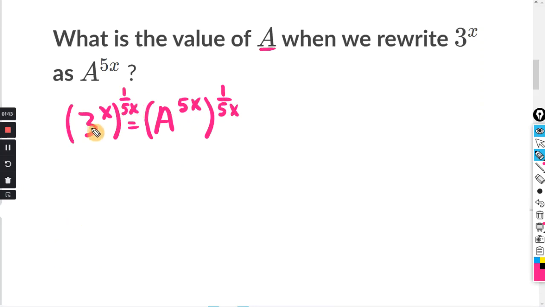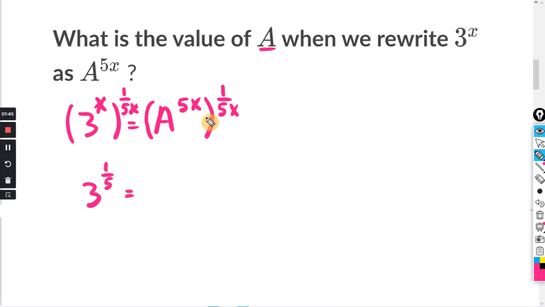On the left-hand side, let me just fix this so you can see it a little better. That 3 is raised to the power of x, and then that's raised to the power of 1 over 5x. When you have something with an exponent raised to another exponent, you just multiply the exponents. So we have 3 to the x divided by 5x. The x's cancel, and we're left with 3 to the 1/5.